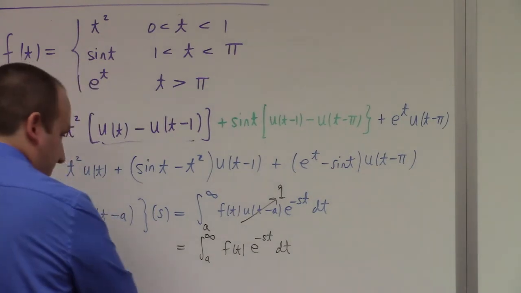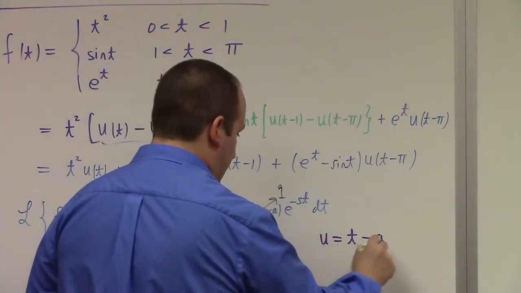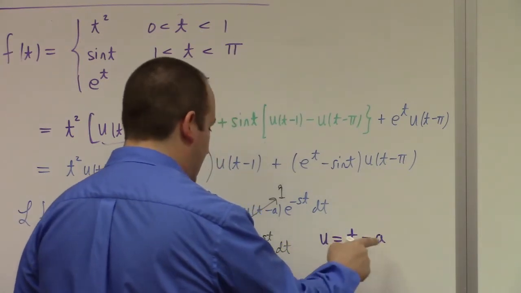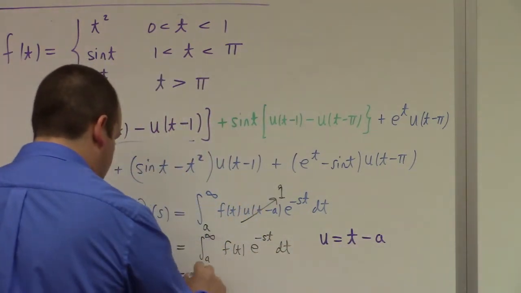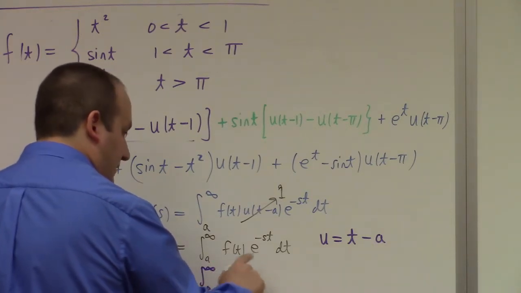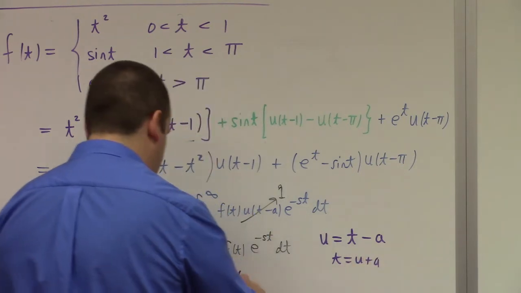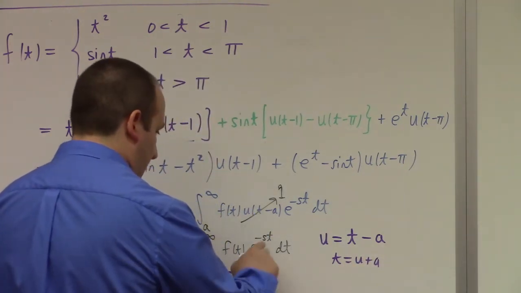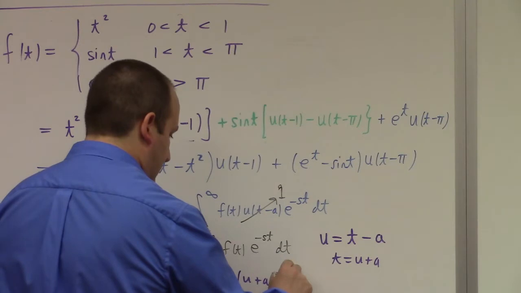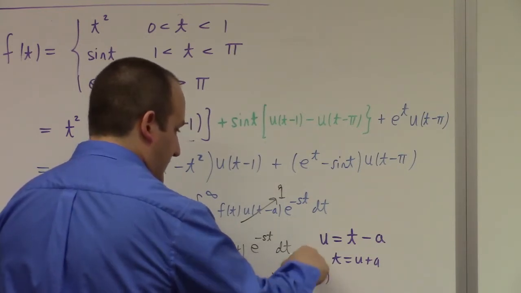u equals t minus a will do it, I think. Then when t is equal to a, u is equal to 0. So that's the integral from 0 to infinity. Now f of t becomes f of what? u plus a, right? And that's e to the minus s times u plus a. dt is du.